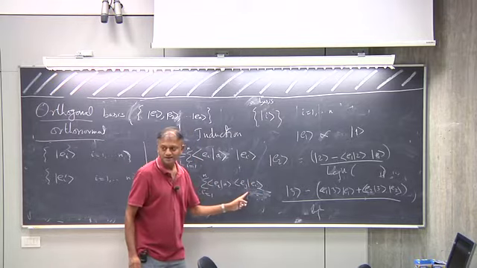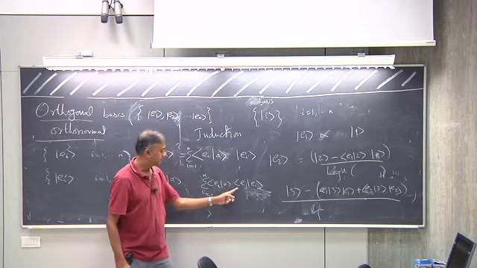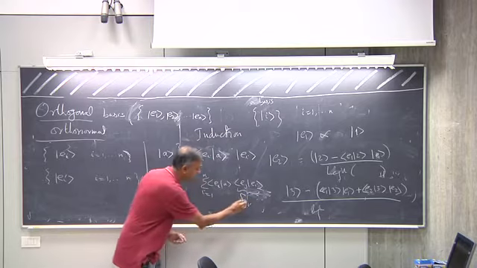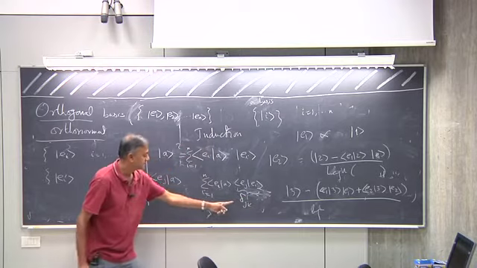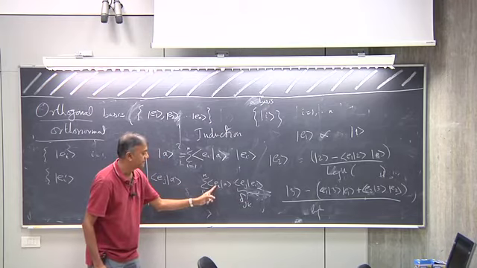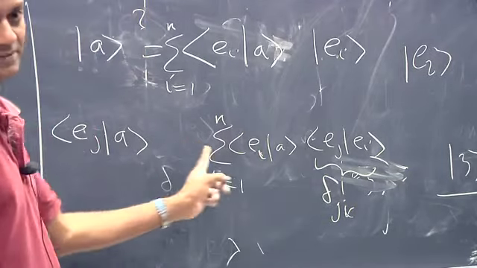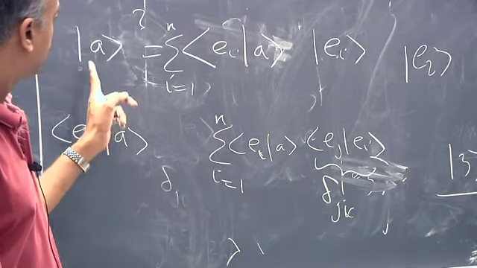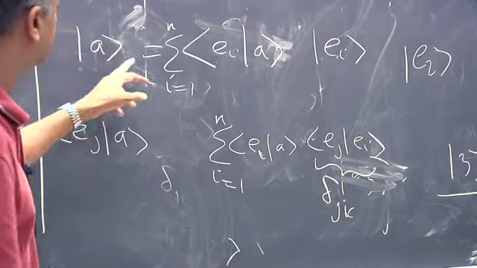But that's the Kronecker delta, delta_ji. In the sum, the only term that contributes is i equal to j, and that term gives e_j · A, which is the same on both sides. So therefore this is indeed true. It's a very simple expansion.